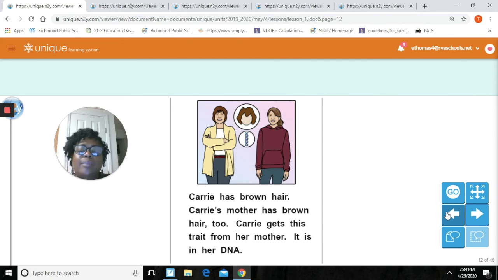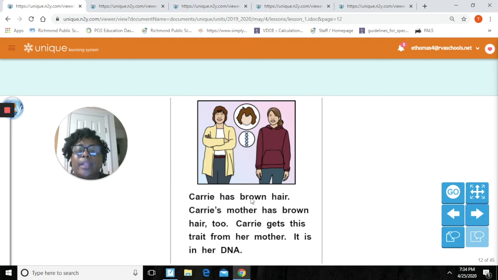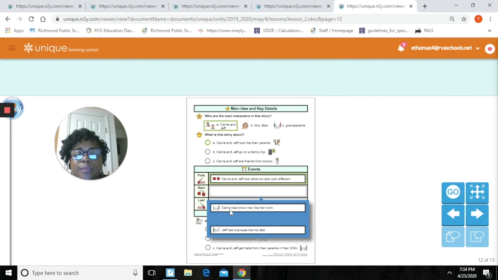So after we talked about how Carrie and Jeff looked alike, the next thing that comes up is what? Carrie has brown hair. Carrie's mother has brown hair too. So Carrie has brown hair like her mom.